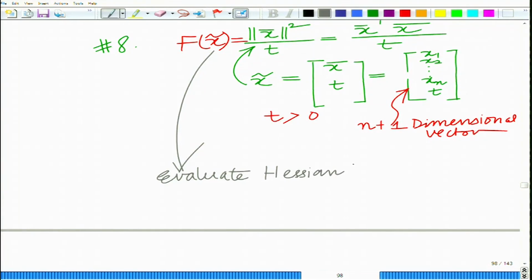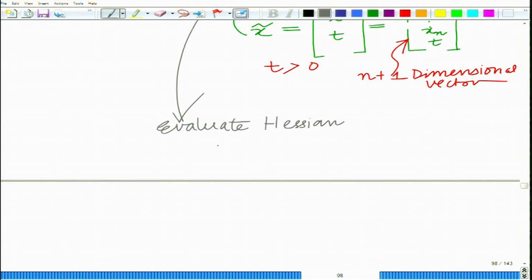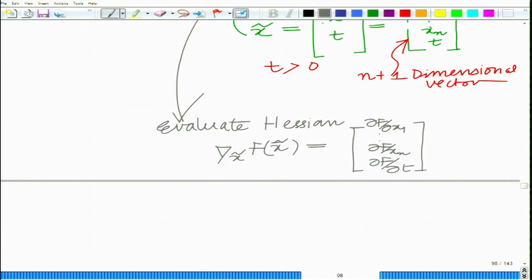First, let us start with the gradient with respect to x tilde of f of x tilde, which will contain first all the partials with respect to all the x's, followed of course by the partial with respect to t.